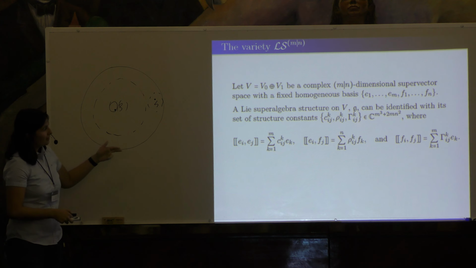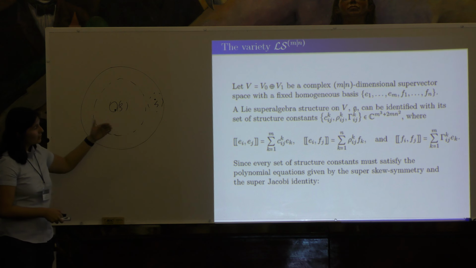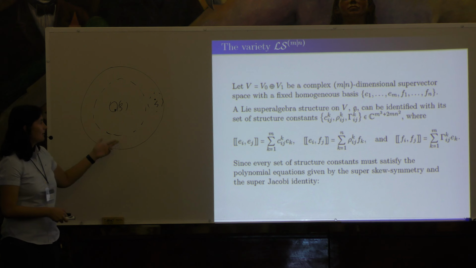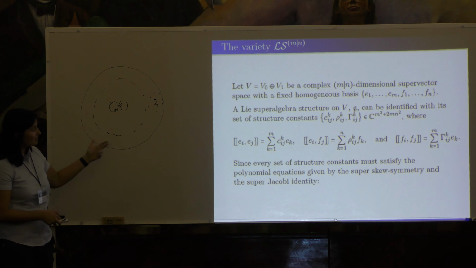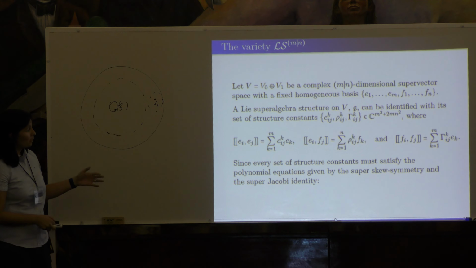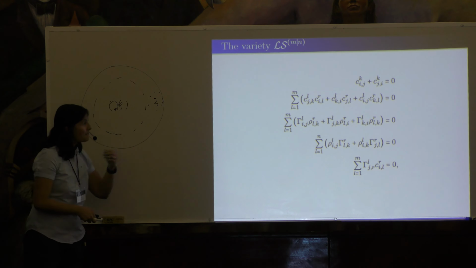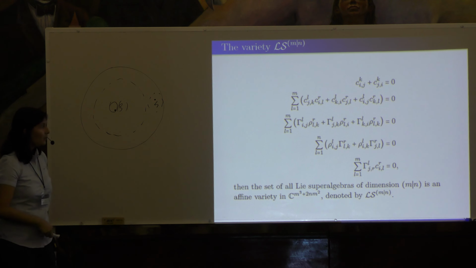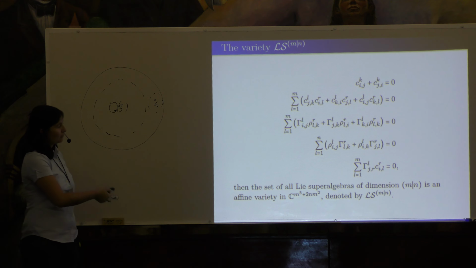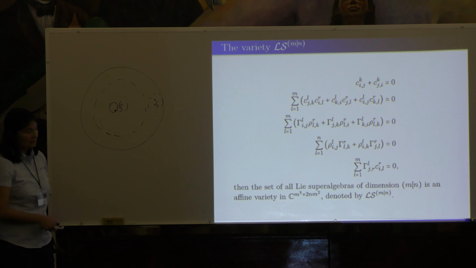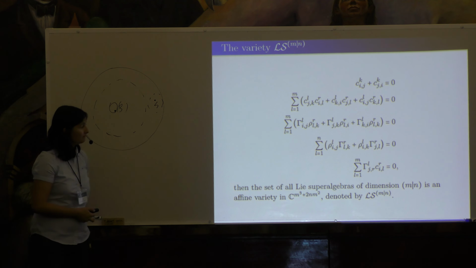These structure constants must satisfy polynomial equations, the ones given by the skew-symmetry and the super Jacobi identity. So we can say that the set of all Lie superalgebras of a fixed dimension is an affine variety in this space. We denote that variety in this way.